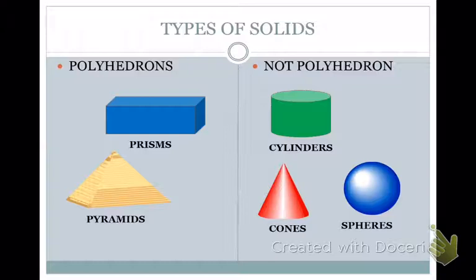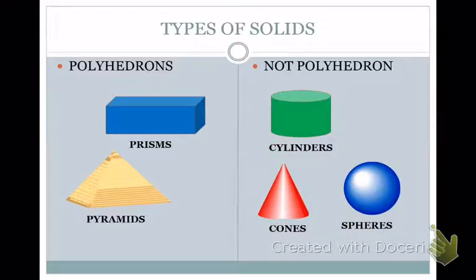Okay? Now, we're going to start getting into naming polyhedrons, right? If they're not a polyhedron, then they're going to be cylinders, cones, or spheres. And there's no way to name them differently, to identify them differently other than that.